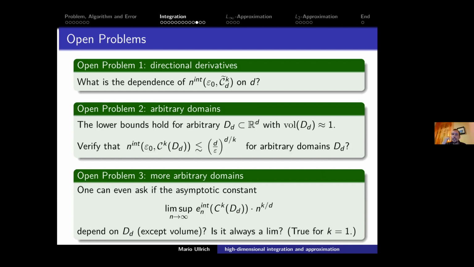I think if you take the union of easy domains, then the question is also solved. I think that's not a problem. I think the main problem is if you now take the union of infinitely many of them. Okay, thanks. Yeah, so I think if the boundary of your set is nice, then there's no problem. I think there is maybe even a whole book about that by Hans Triebel.